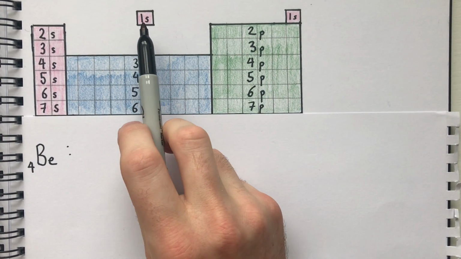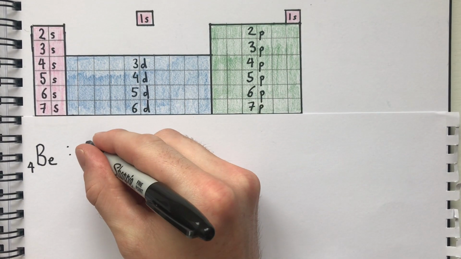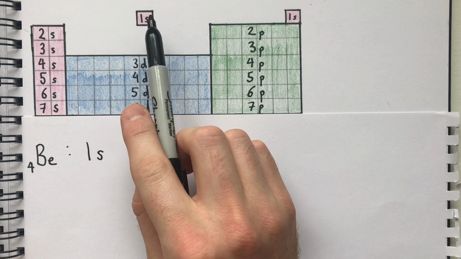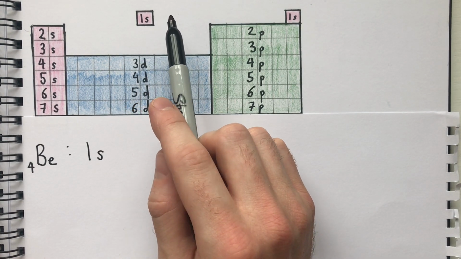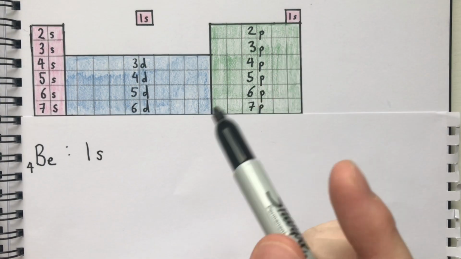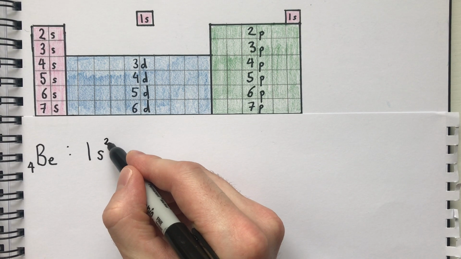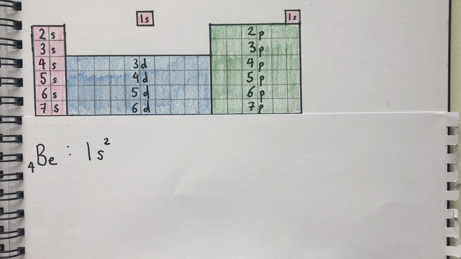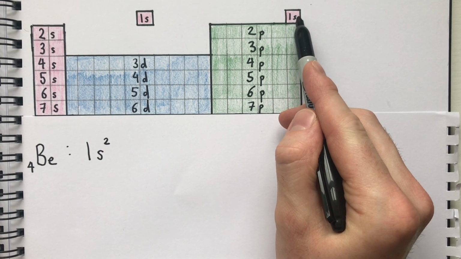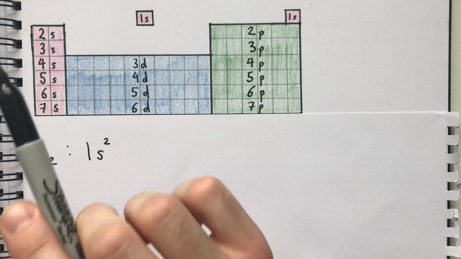So we're starting with 1s. Okay, that's the very first subshell to fill in. Now how many electrons can you fit in the S? Well, it's 1 electron for hydrogen, then the next one for helium. So that'd be 2, and we draw it like that, a little 2 at the top. So that's 1s2. After the 1s2, we finish the S subshell, we're going to go into the 2s.